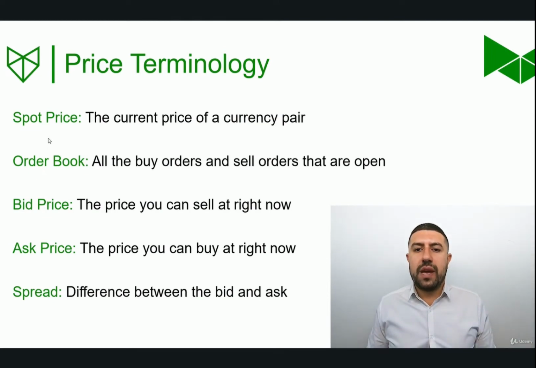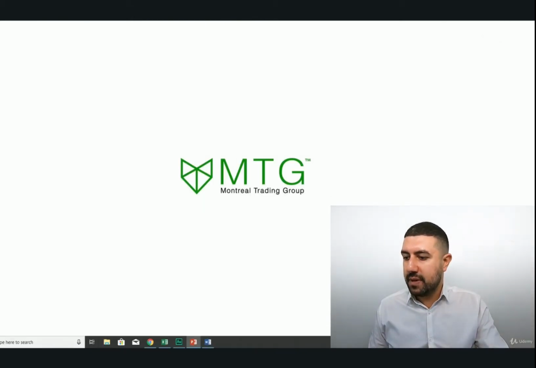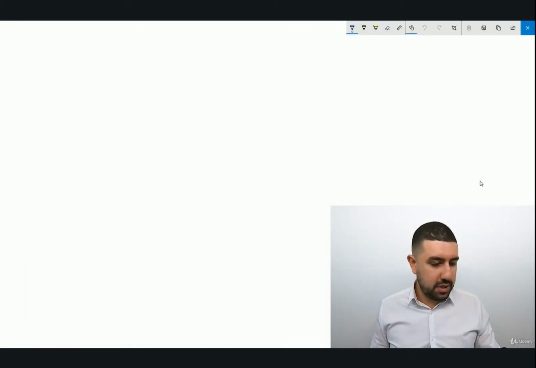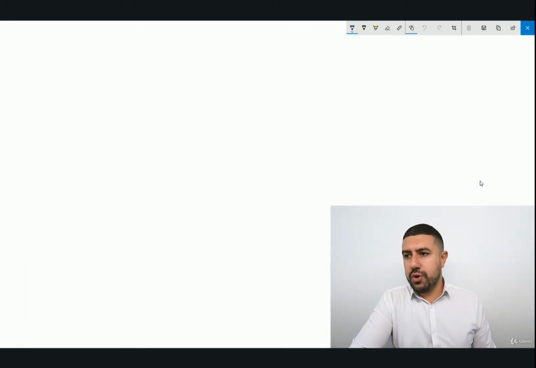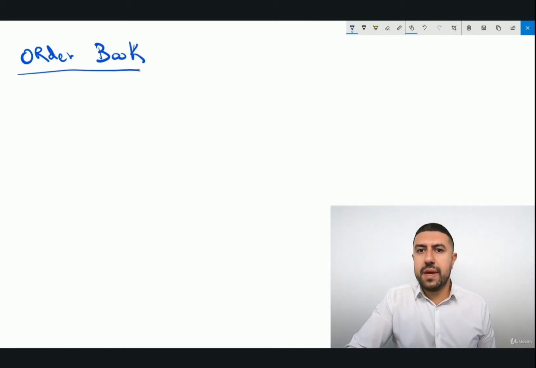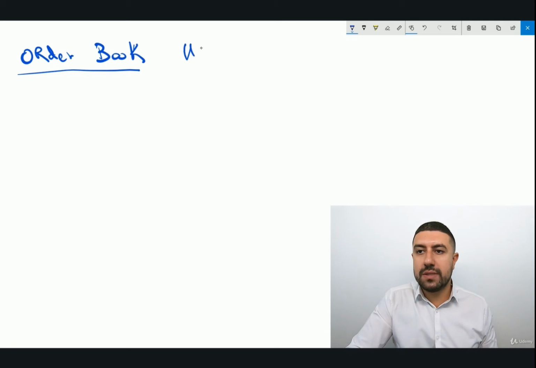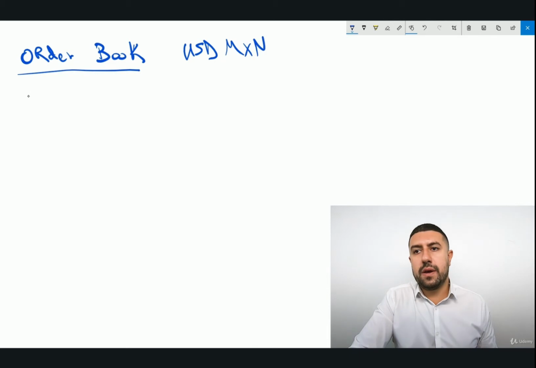So then we have the order book, the bid price, the ask price, and the spread. And I think the best way to explain this is through a little example. So the order book is going to be the book with all the buyers and all the sellers. So let's say you want to buy, and let's keep with the USD to Mexican peso example.